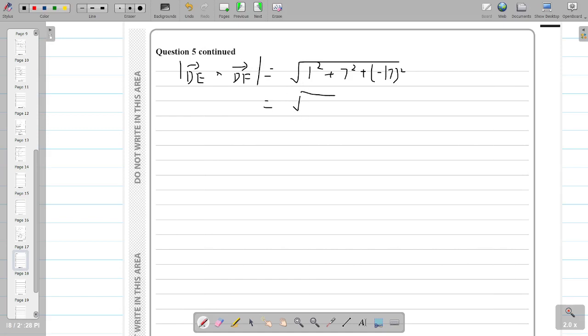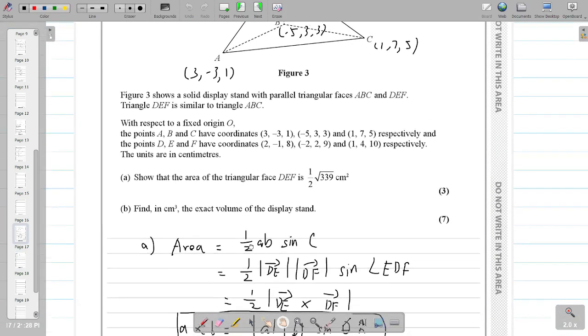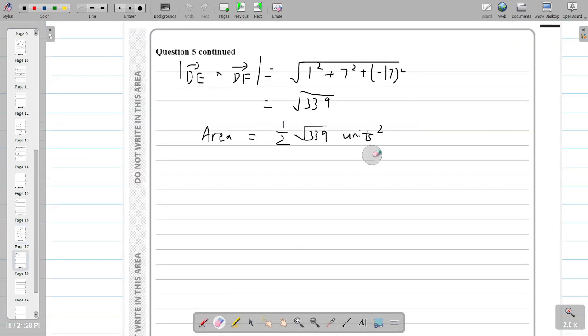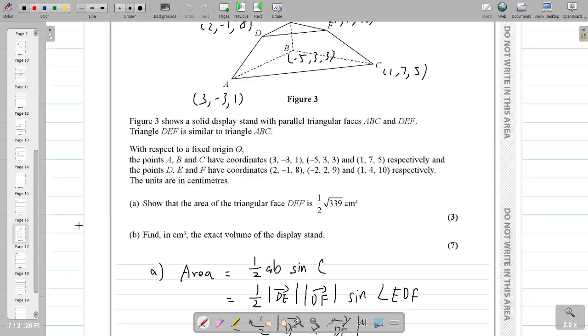Square root of 339. So the area of DEF is equal to half square root 339 units squared. Oh, cm squared, right? It's centimeters. So centimeters squared. Right, so that's part A. That's a pretty long part A, actually.